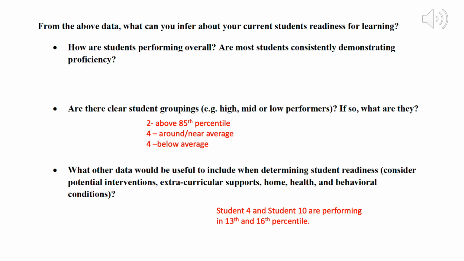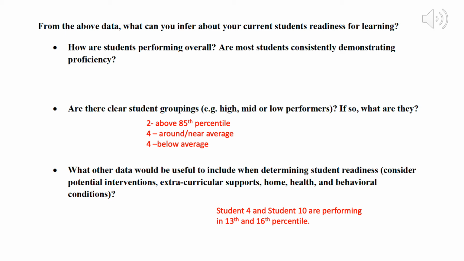The State Department of Education recommends that you consider these 3 questions when analyzing your pre or baseline data. Number 1, how are students performing overall? Are most students consistently demonstrating proficiency? In the data set that we looked at, 6 of the 10 students were scoring at or above average.